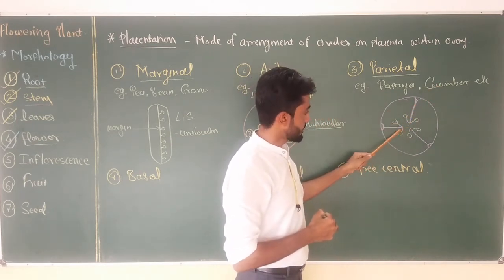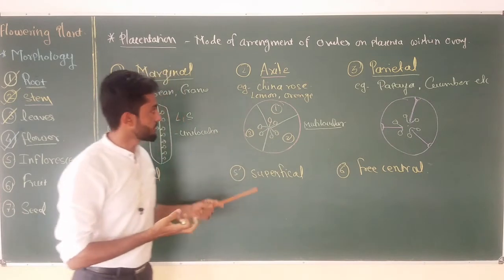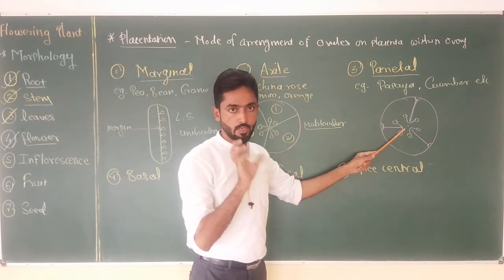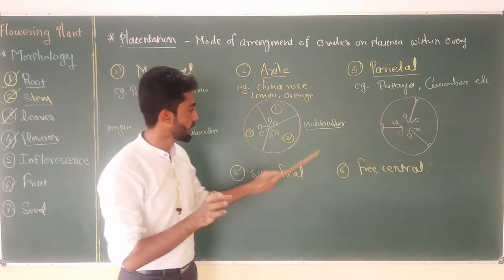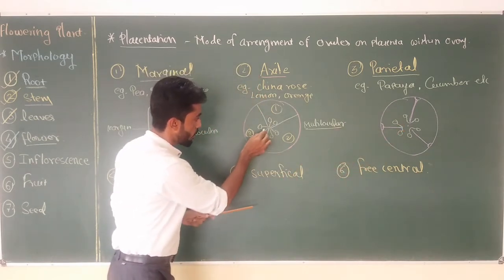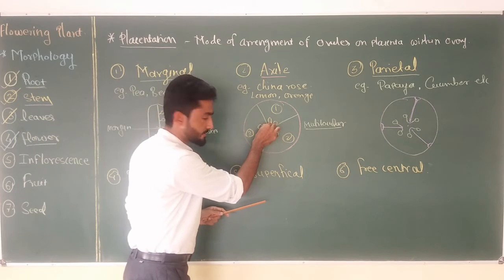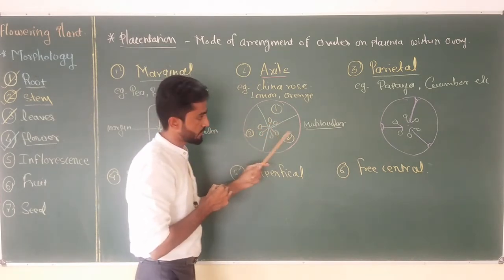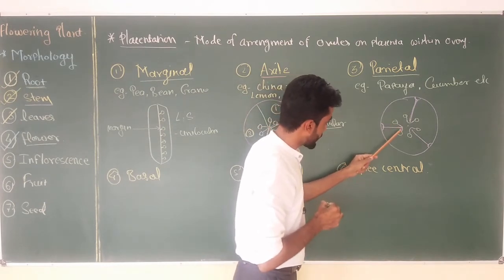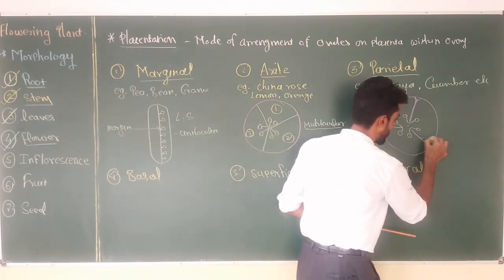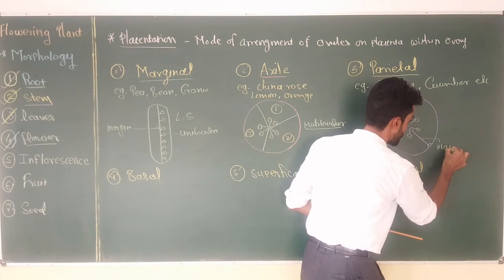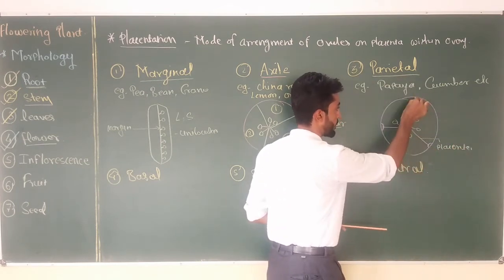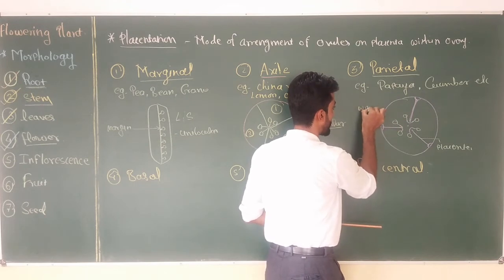Sometimes students may get confused between axial placentation and parietal placentation, but you can see a clear difference between these two. In axial placentation, ovules are produced on the placenta, which is connected to the central axis. But in this case, ovules are produced on the placenta, and the placenta is connected to the periphery or to the wall of the ovary.